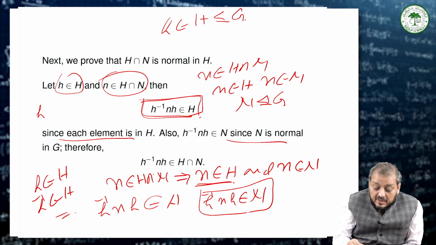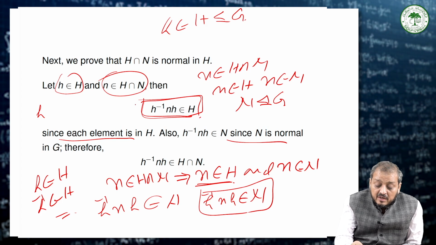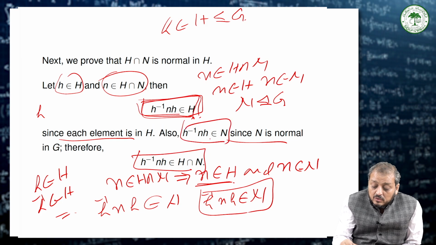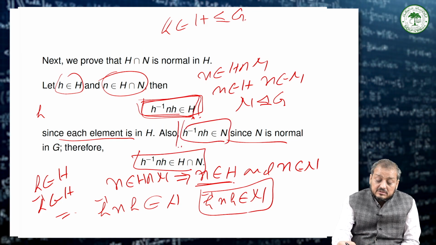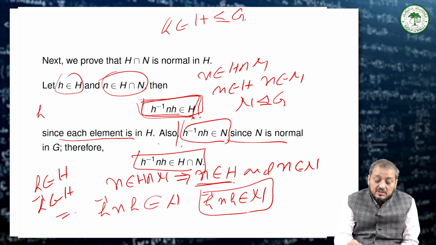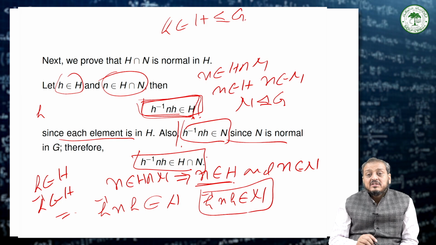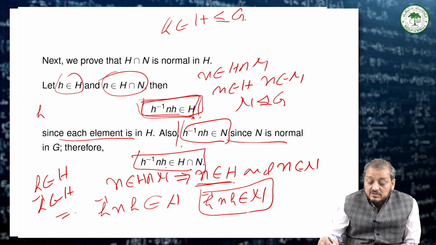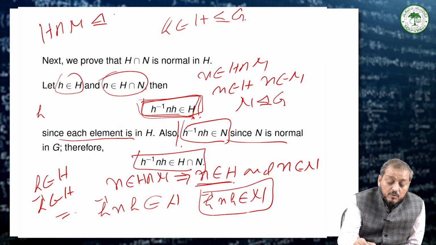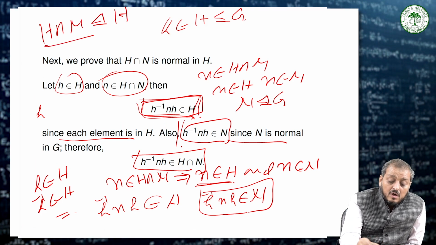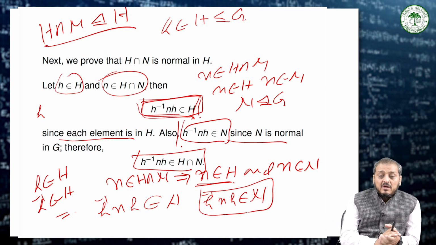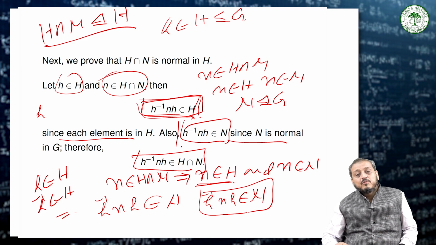This means we show that h inverse n h is an element of H, and also an element of N. So clearly this element belongs to H and also belongs to N. So h inverse n h is an element of H intersection N, and then we can say that H intersection N is a normal subgroup of H. So we prove that H is a subgroup of G, and H intersection N is a normal subgroup of G.